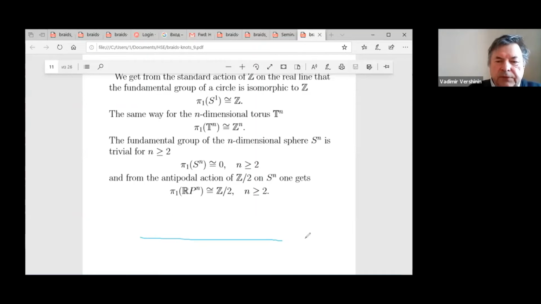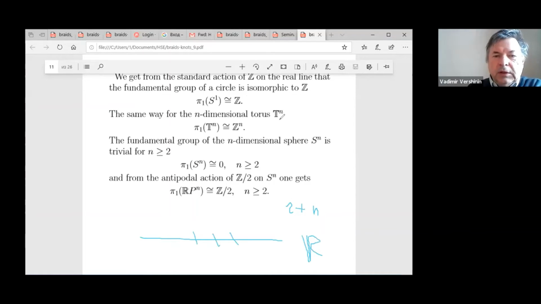Let this be our line, and then the group Z acts here. If you have a real number R, then the action is by R plus N. This is the action, and then the fundamental group of the quotient space. The quotient space, as we discussed, is a circle. Then the fundamental group is Z.